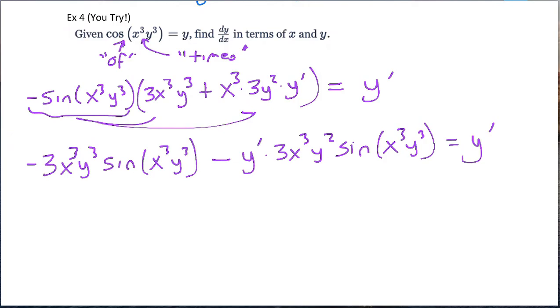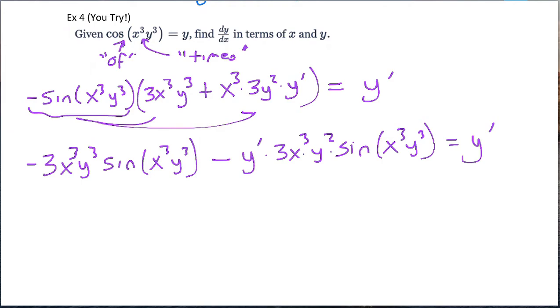So all I did is distribute that negative sign through. That's where those negatives showed up. And I did a rearranging because I can, because it's all multiplication. Everything in between those things is multiplication, so we can rearrange them.